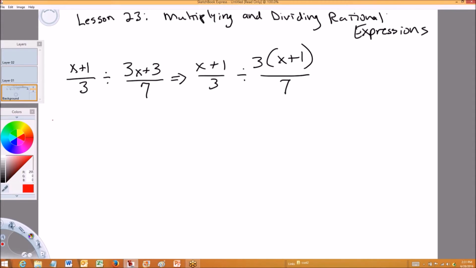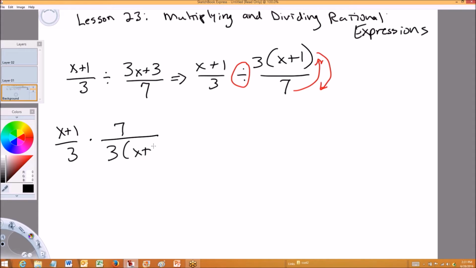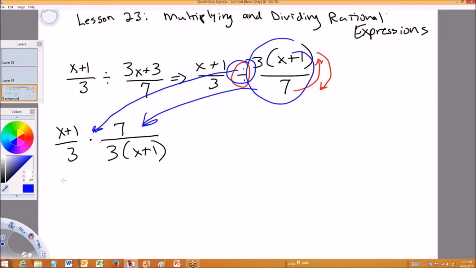The next thing we notice is with this divide sign, we could change it to multiplication and just switch these around. Notice that just got switched around because we switched from a divide sign to a multiplication sign.